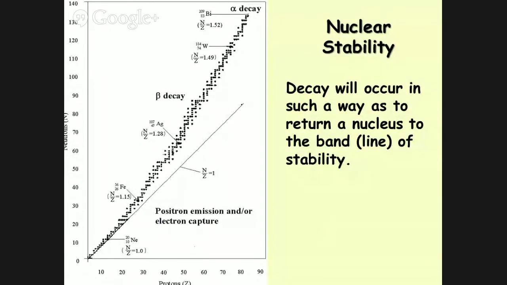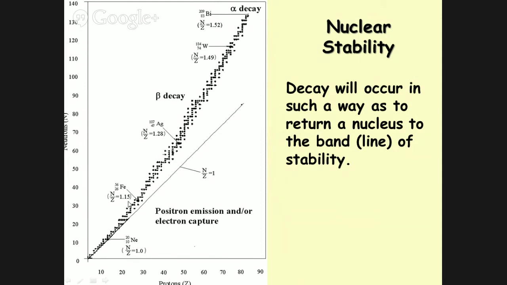Basically, when the number of neutrons and the number of protons is about the same thing, and therefore their ratio is about 1, way down here, the very lightest elements, for the most part, they're not radioactive. They don't decay.